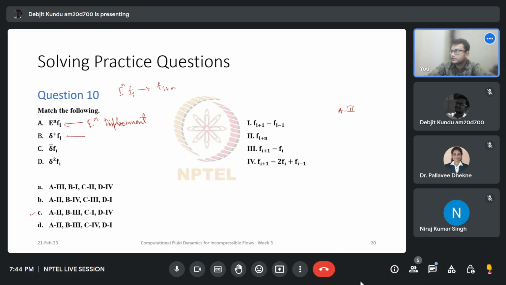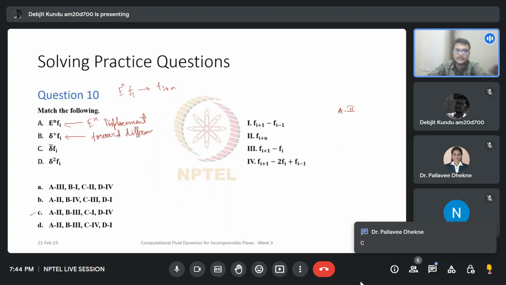Then this operator, delta plus, what is this known as? Forward difference operator. Correct. Very good. This simply means I will take a difference with the forward point.